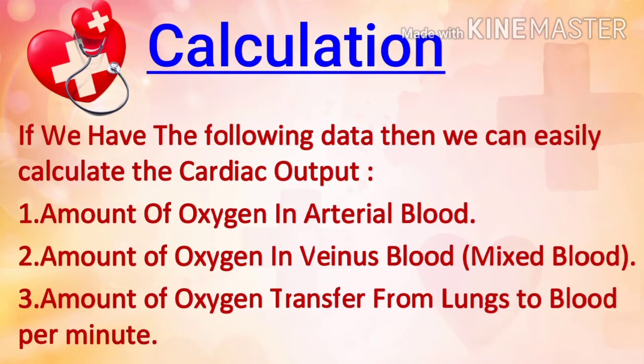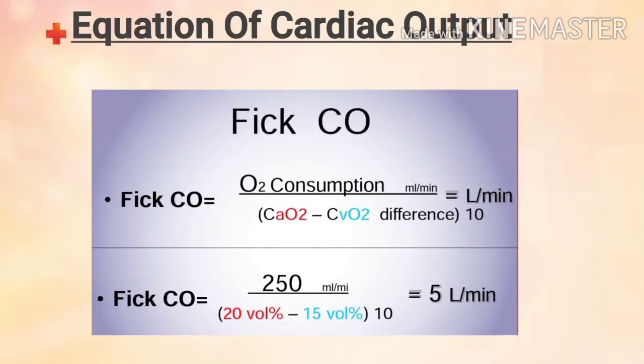And third, the amount of oxygen transfer from lungs to the blood per minute time. And this is the equation of cardiac output. Here, the consumption of oxygen upon the difference between arterial blood oxygen and the venous blood oxygen.